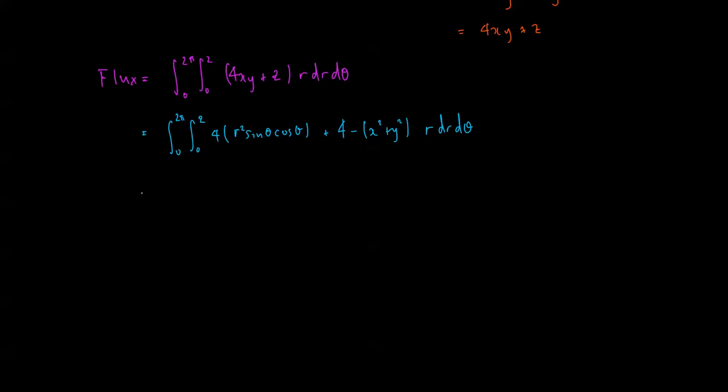Okay, so what's the next thing we need to do? From 0 to 2 pi, 0 to 2, here I'm going to have a 4r squared sine theta cosine theta, and that should all be multiplied by r, plus 4 minus x squared plus y squared.